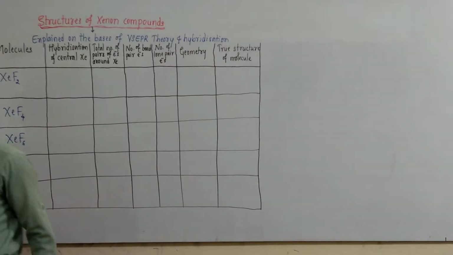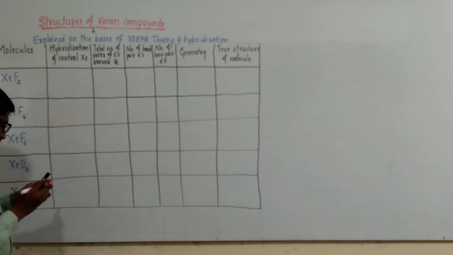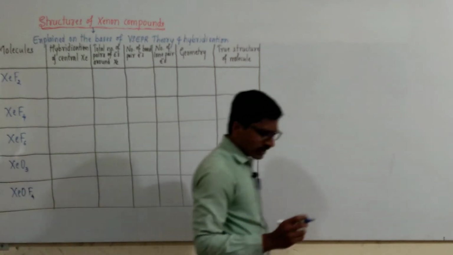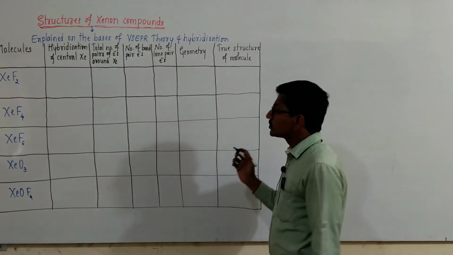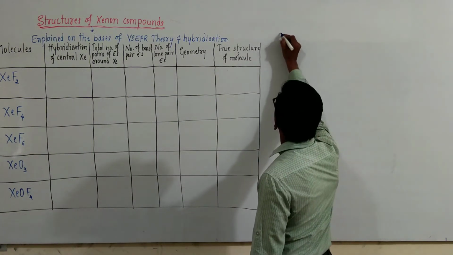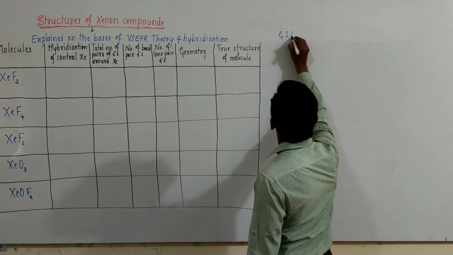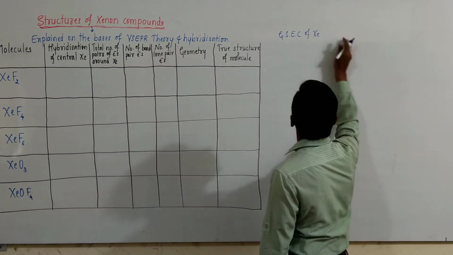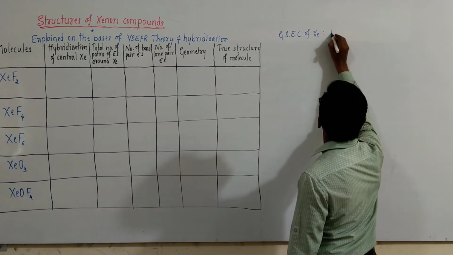Here, first one is Xenon Difluoride. First we will write the ground state electronic configuration of xenon in general.